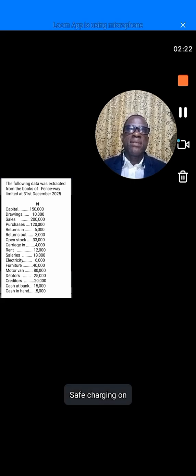The first step you will take to prepare the final account is to classify all the information in the trial balance into assets, expenses, revenue items, and liabilities.